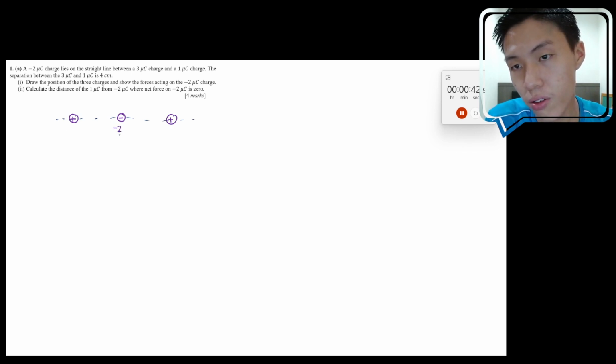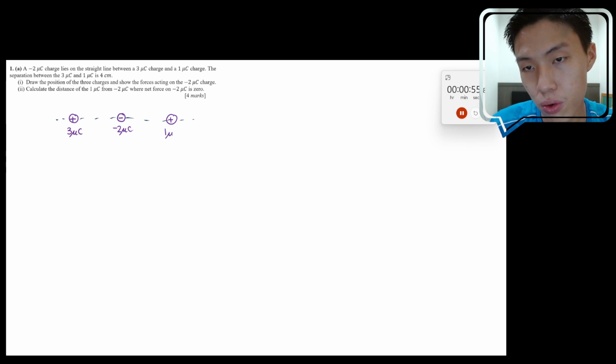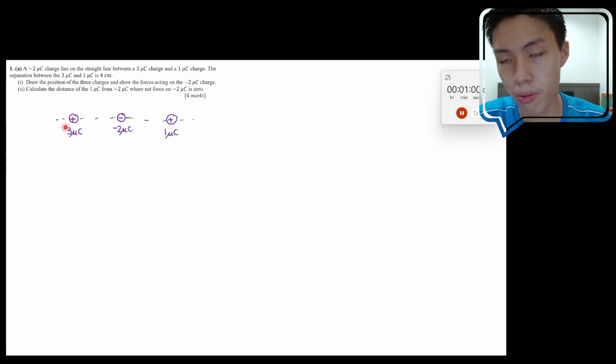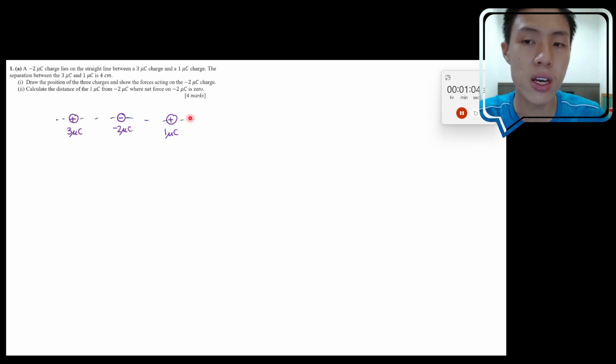In between you have the negative 2 microcoulomb charge. On your left it can be a 3 microcoulomb charge, or it can be a 1 microcoulomb charge. They didn't specify which is on the left and which is on the right. So you can put 3 microcoulomb on the left, then 1 microcoulomb on the right. You can swap the order, I think it's fine as well. You can put this as 1 microcoulomb and this as 3 microcoulomb, because they didn't specify which one is on the left and which one is on the right.